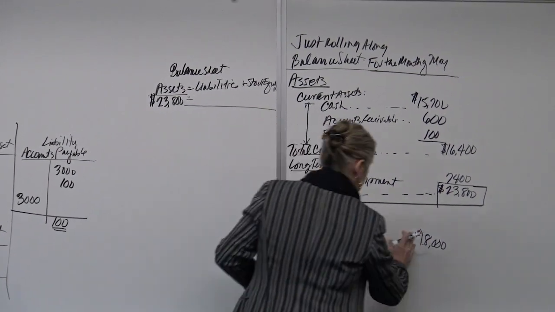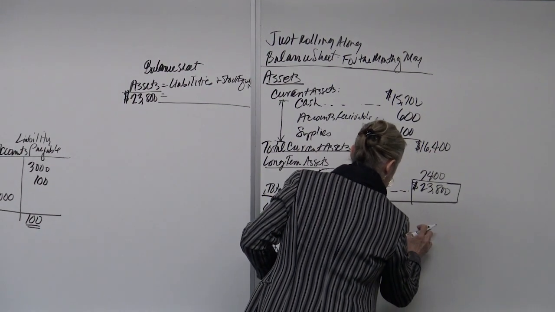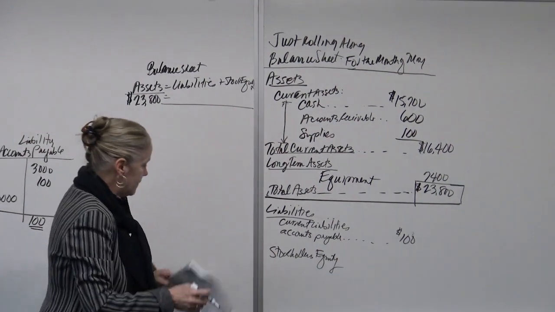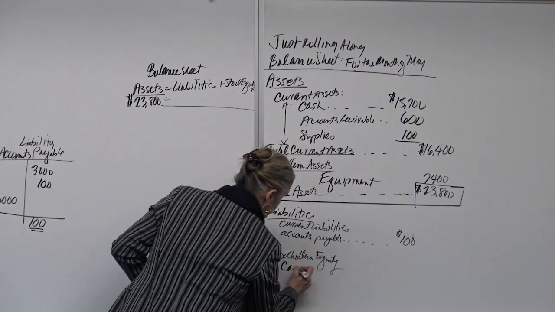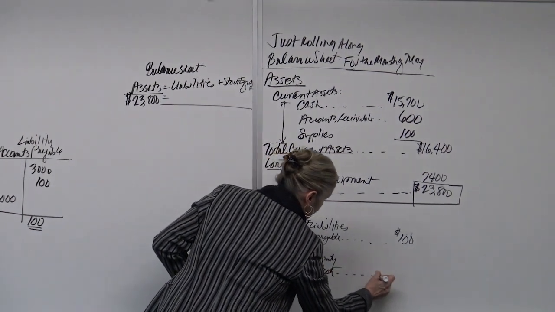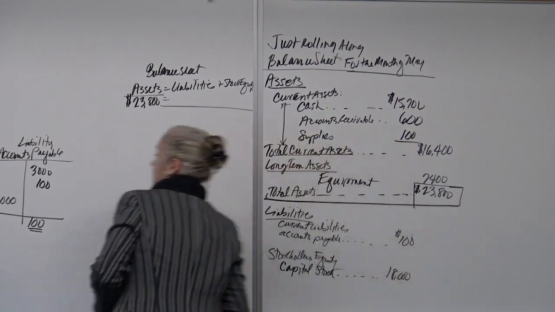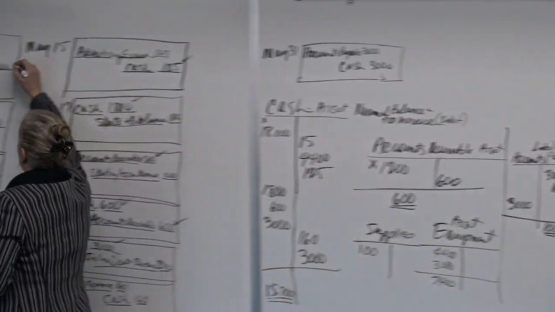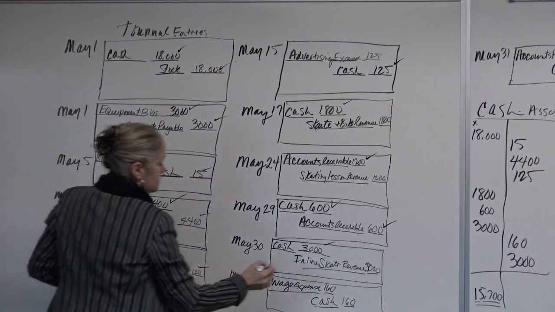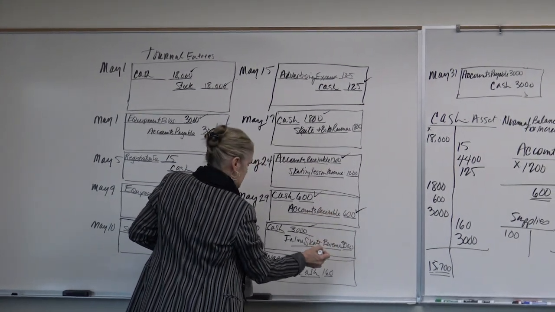Which is here. Just write this over. It's 100. Let's see, what else do we have? We have capital stock. We have $18,000 from the two partners. That was the beginning cash that we had here. So we're taking care of the accounts payable here.